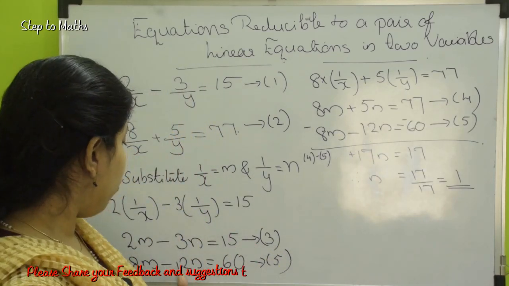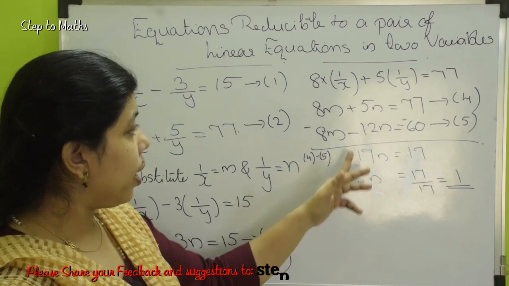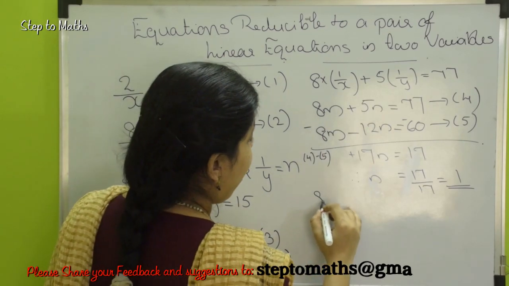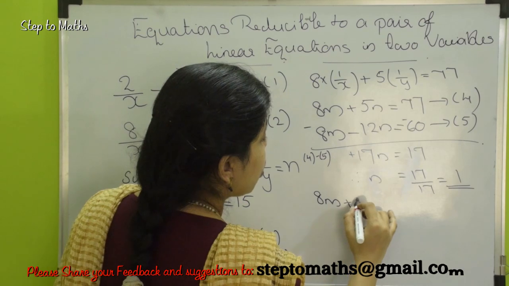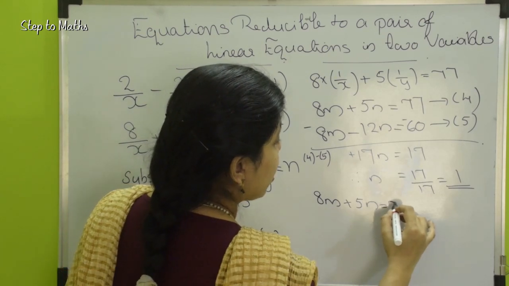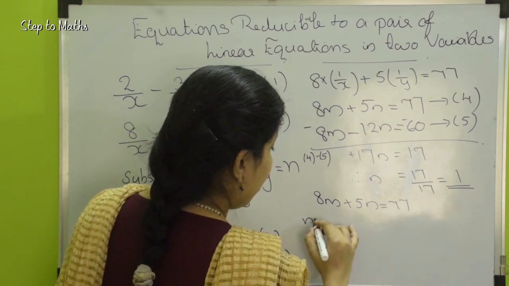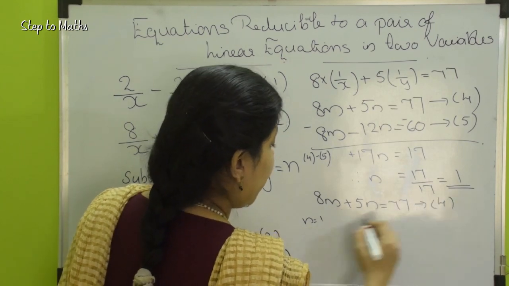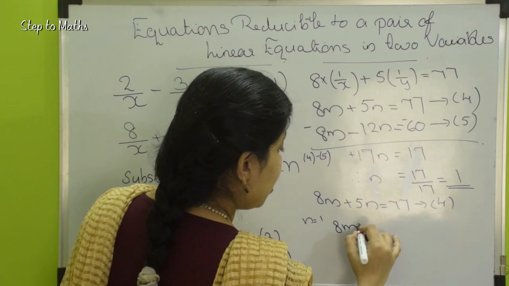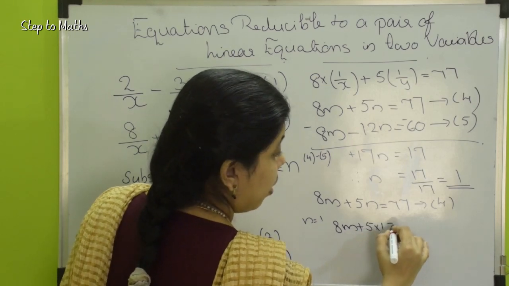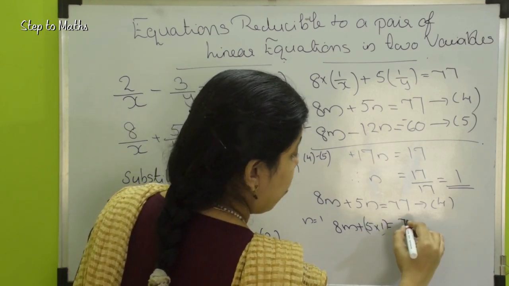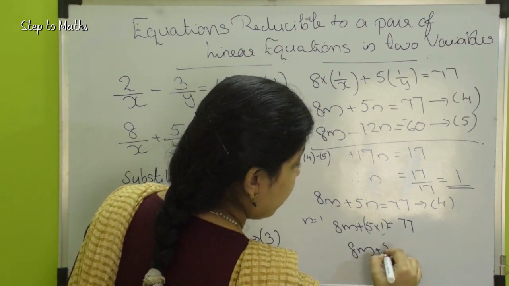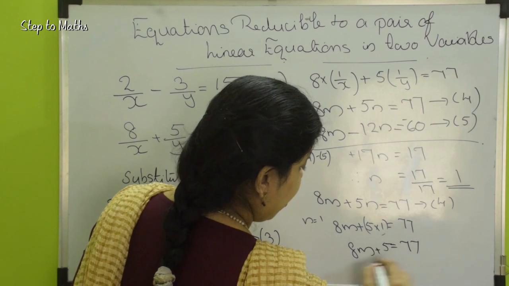Now find the value of variable m. For that, substitute in equation 4, 8m plus 5n is equal to 77. With n equal to 1, equation 4 becomes 8m plus 5 into 1 equal to 77. Therefore, 8m plus 5 is equal to 77.